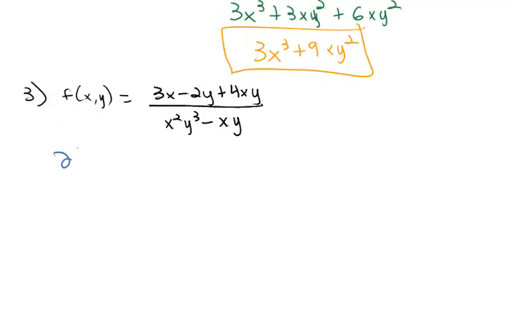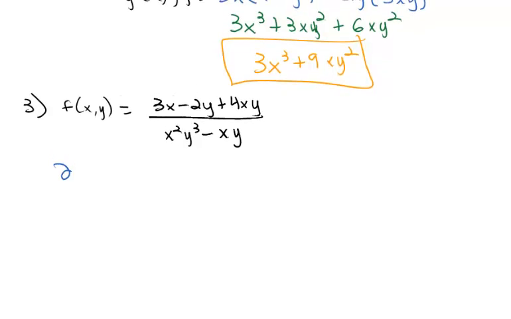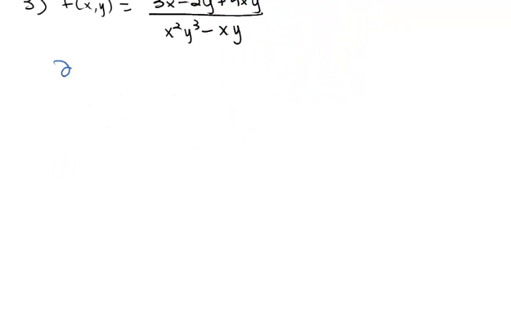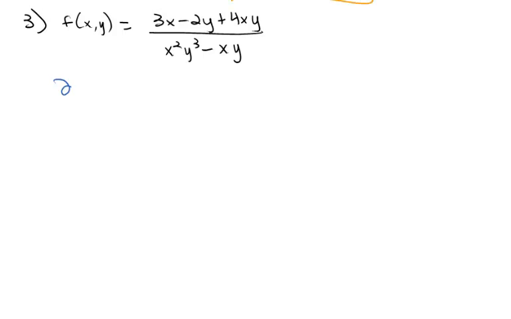And we're going to find the partial derivative with respect to x first. Now, this is a quotient, so we're going to have to use the quotient rule. We're looking for the derivative with respect to x, so we're going to treat the y like it's a constant.